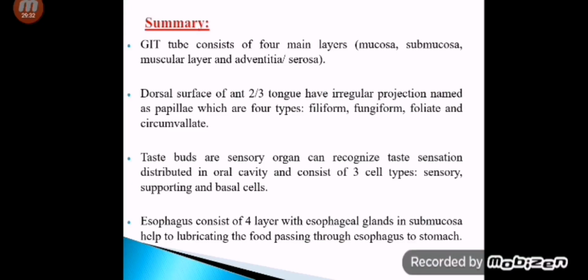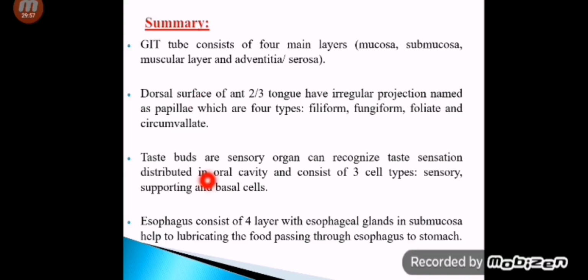In summary, from this lecture we can conclude the following. The GIT tube consists of 4 main layers: mucosa, submucosa, muscle layer, and adventitia or serosa. The dorsal surface of the anterior two-thirds of the tongue has irregular projections named lingual papillae, which are 4 types: filiform, fungiform, foliate, and circumvallate papillae.